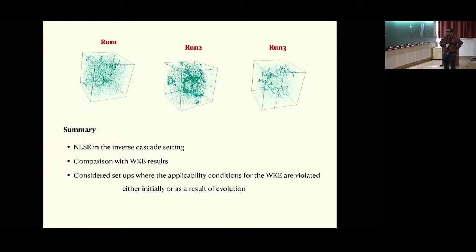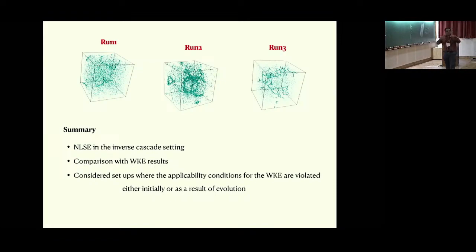So in summary, we have analysis in the inverse cascade setting, and comparison with the wave kinetic equation. We get a scaling which is consistent with 1.23. And we consider setups where the applicability conditions for the wave kinetic equations are violated initially or as a result of evolution.